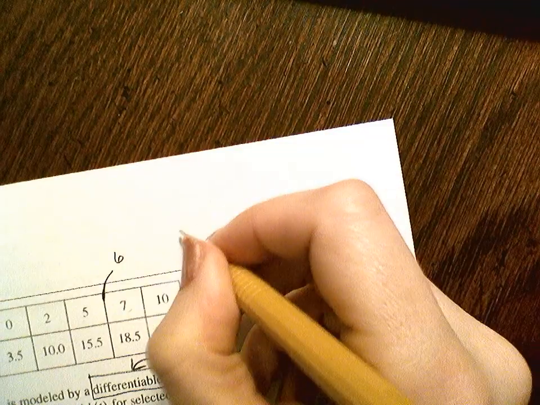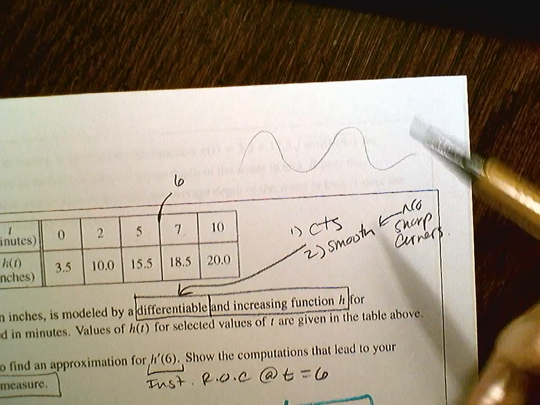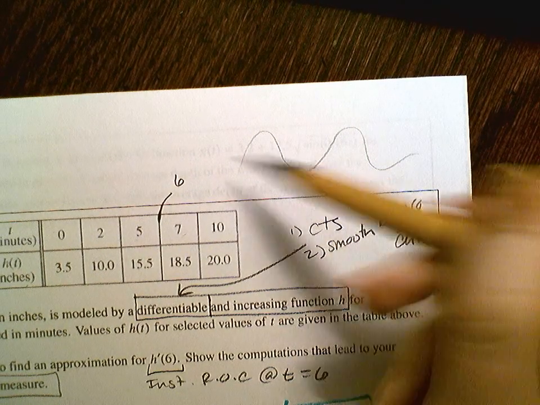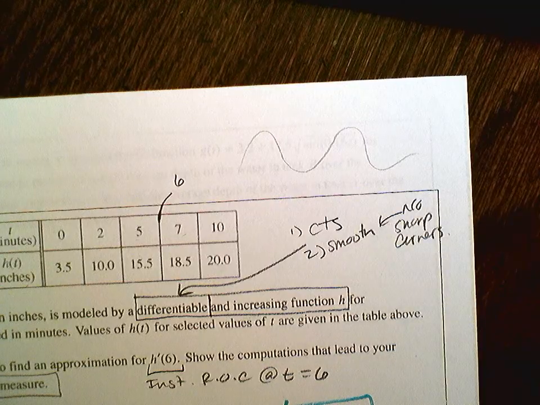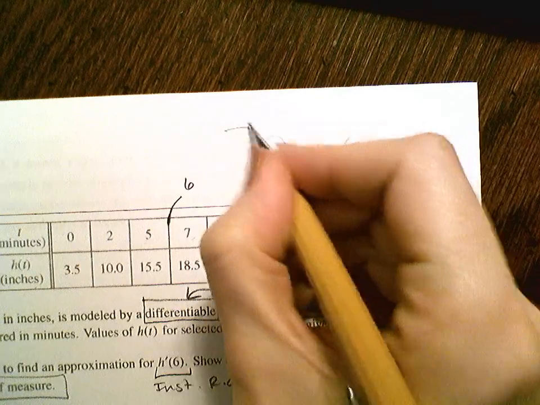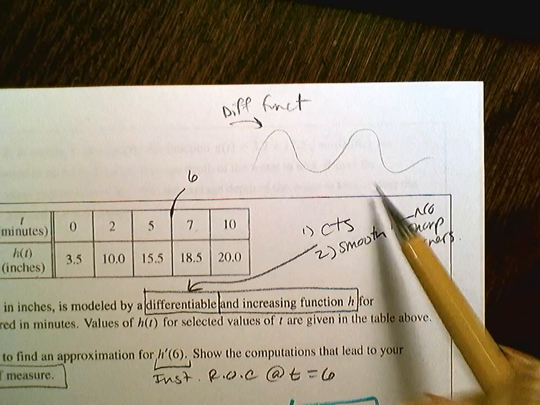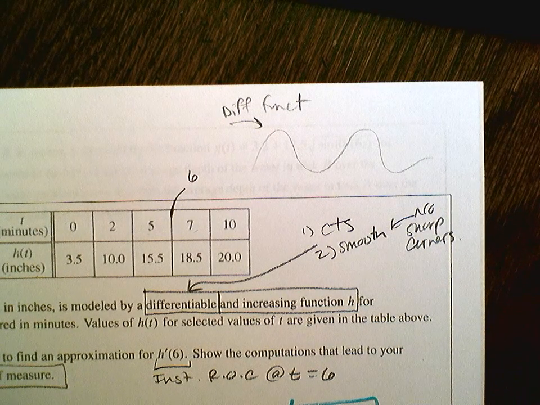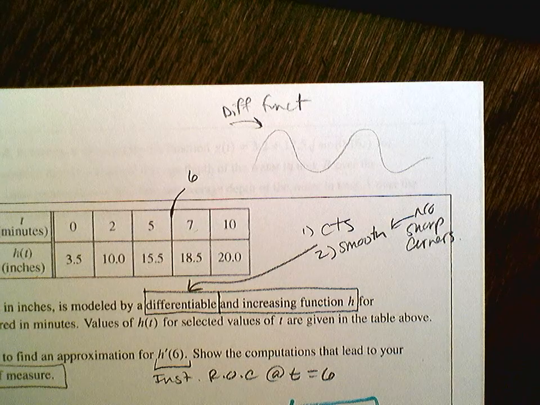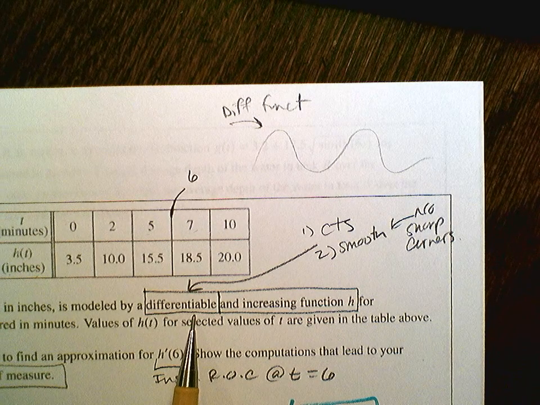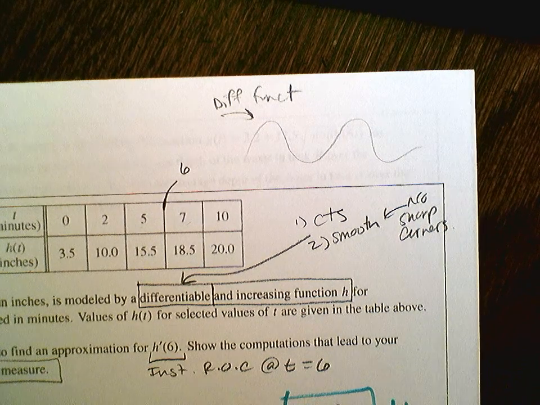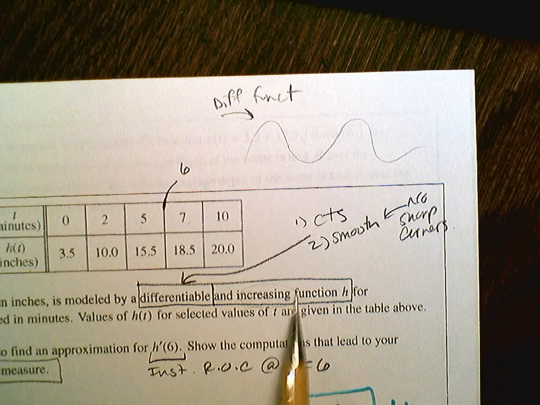A right Riemann sum would not always over approximate on every interval. So it's not the fact that the function is differentiable that causes the Riemann sum to be an over approximation, it's that it's increasing.